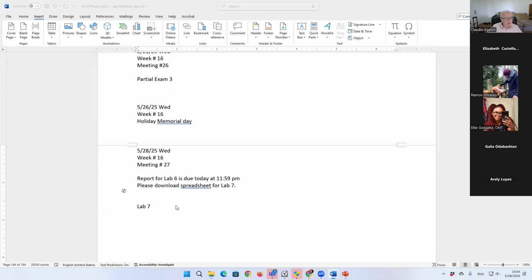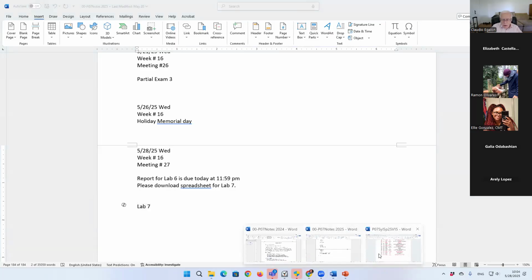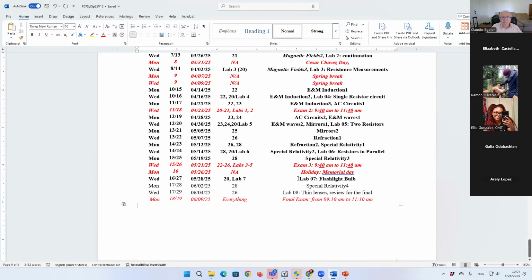Okay, so lab 7 is very similar to lab, let's see which one. Lab 7 is very similar to two resistors in series. This one is very similar to lab 5.